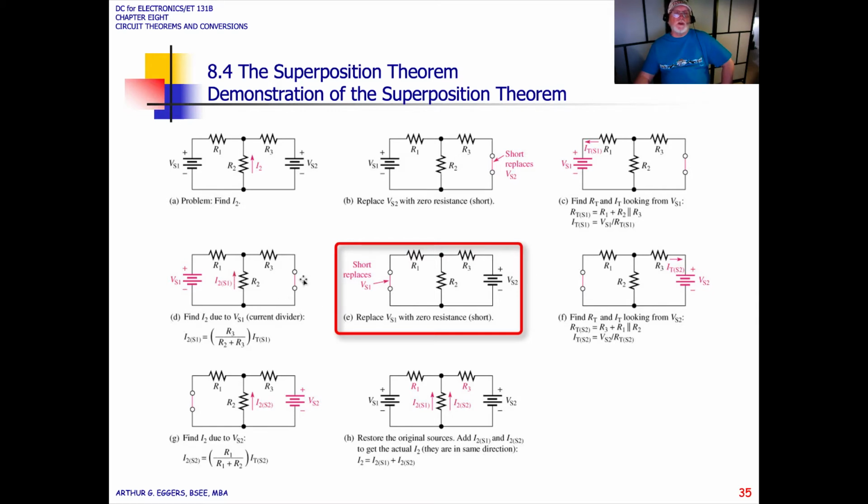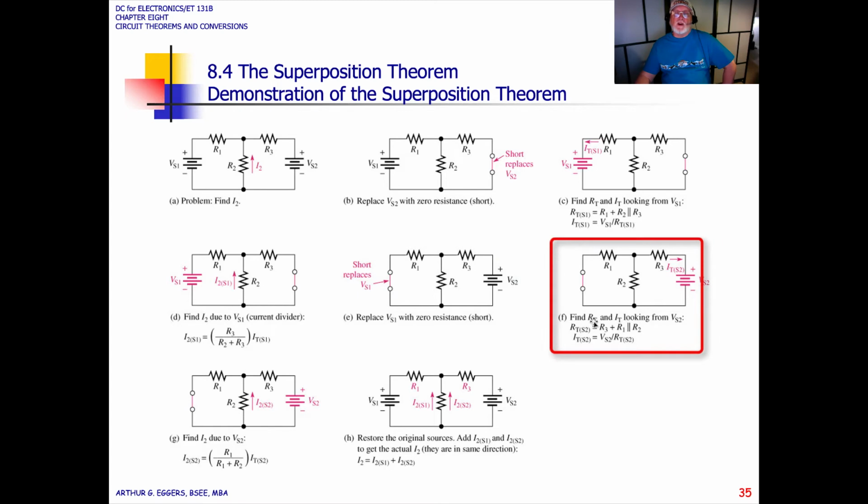Now we're going to put source 2 back in the circuit, and we're going to short VS1 with a zero resistance short. Now R1 and R2 are tied together in parallel.